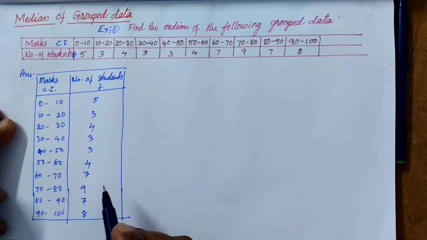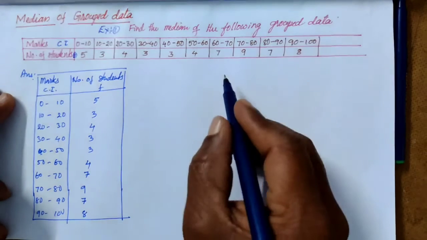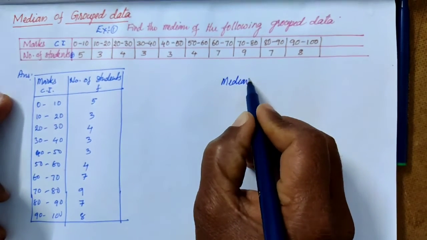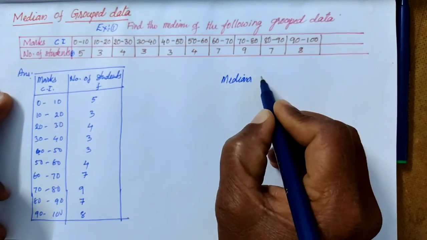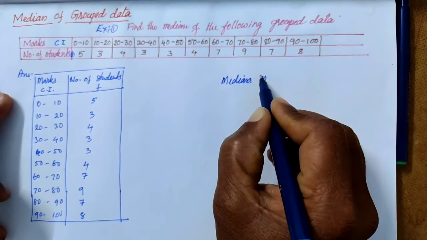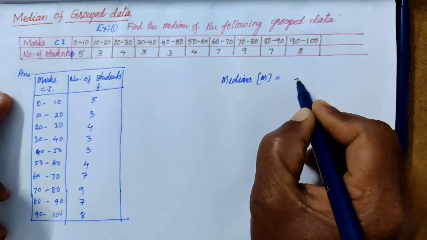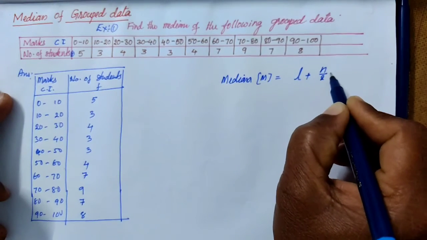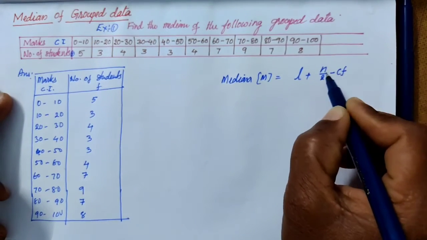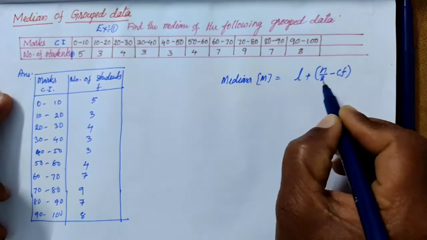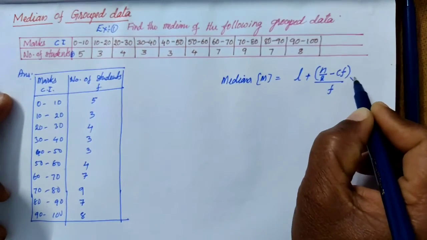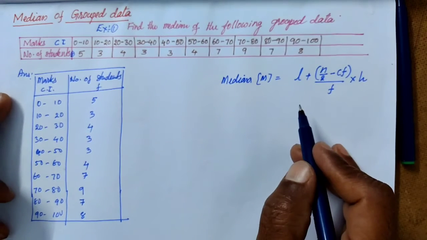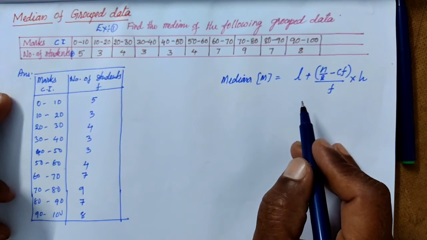Okay, to find the median of the group data, we have a formula. What is that? It is L plus (n by 2 minus Cf) by f, into h. So this is the formula to find the median of the group data.